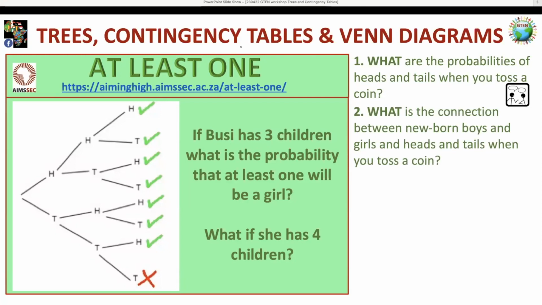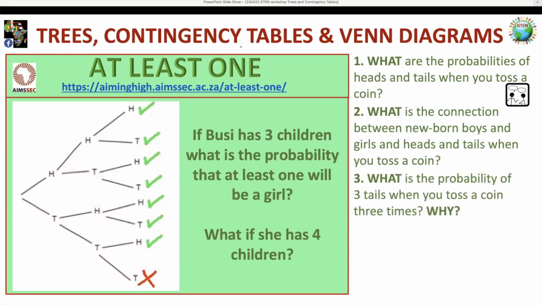make a comment. And then the next question is, what is the connection between newborn boys and newborn girls and heads and tails? So what is the connection between the two? And what is the probability of 3 tails when you toss a coin 3 times? And why?